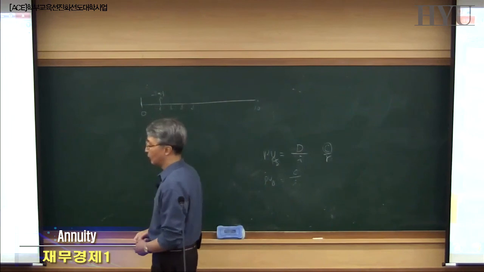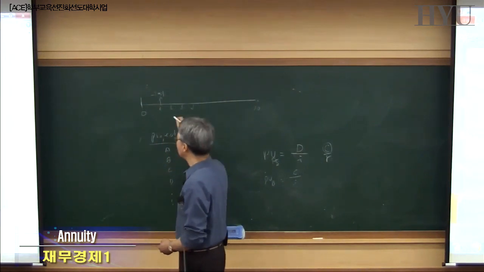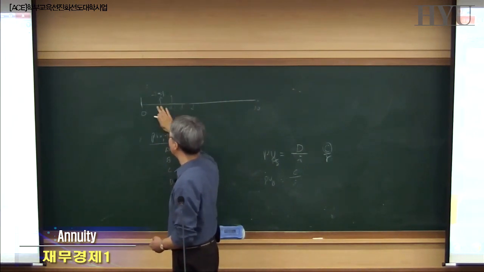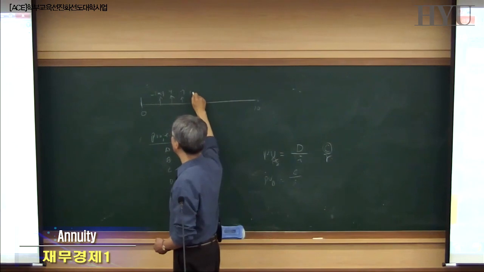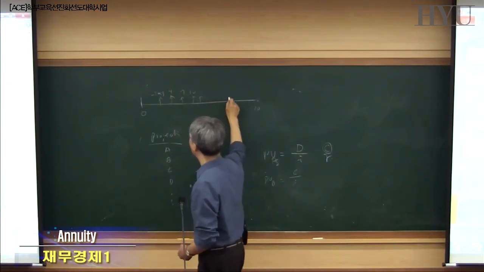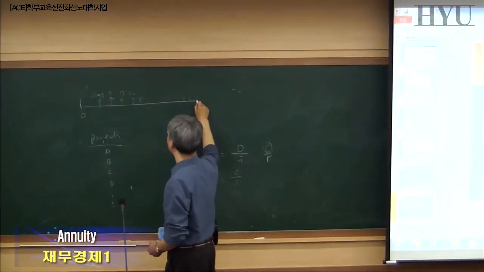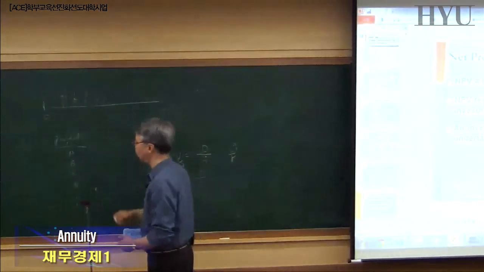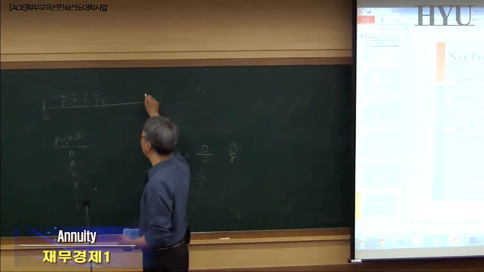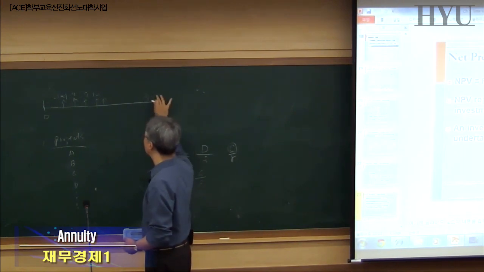It costs money in the first year. But starting from the second year, let's say you expect 4 million, 7 million, 10 million. And usually towards the end of the project life, it diminishes, 3 million and 1 and so on. Okay?